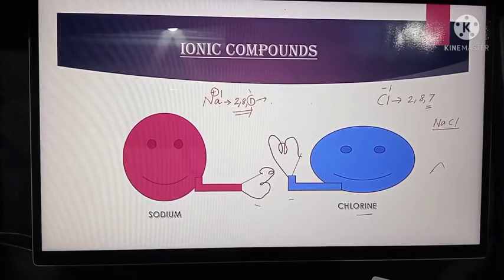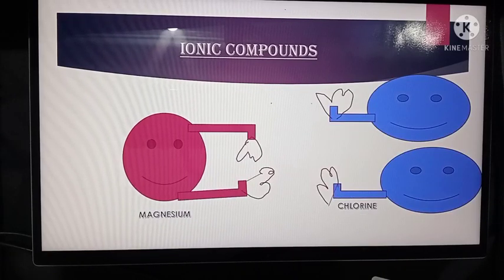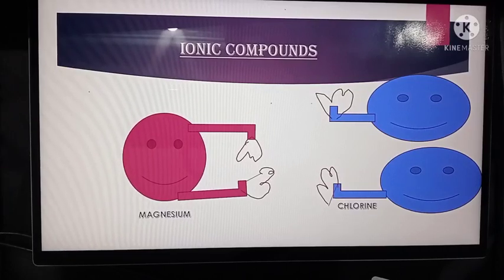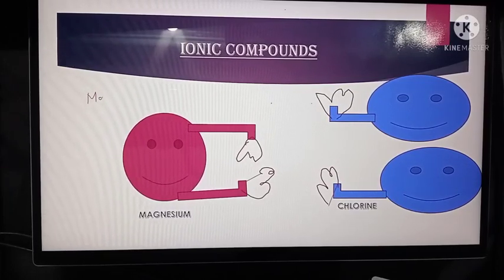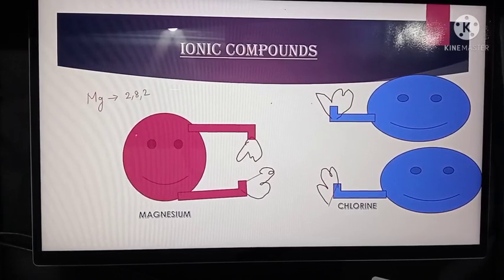In the same way, we will see some other compounds also. Let us take the next one. The next one which I am trying to represent is magnesium chloride. Mg is the symbol for magnesium, and its electronic configuration is 2, 8, 2.